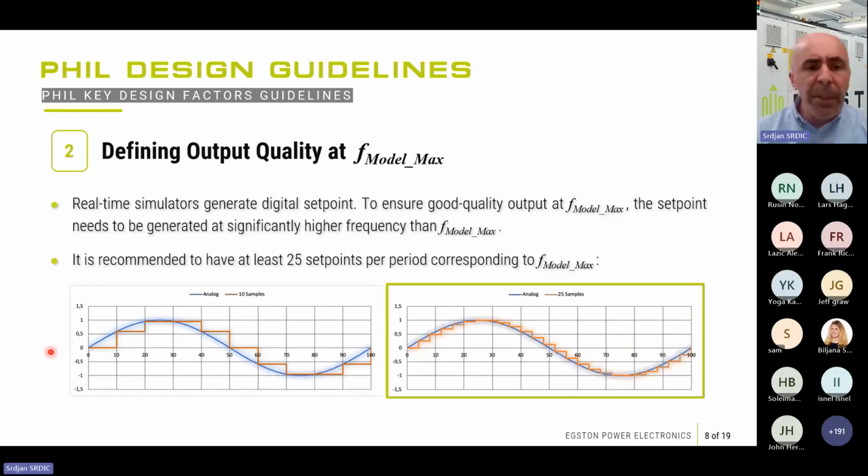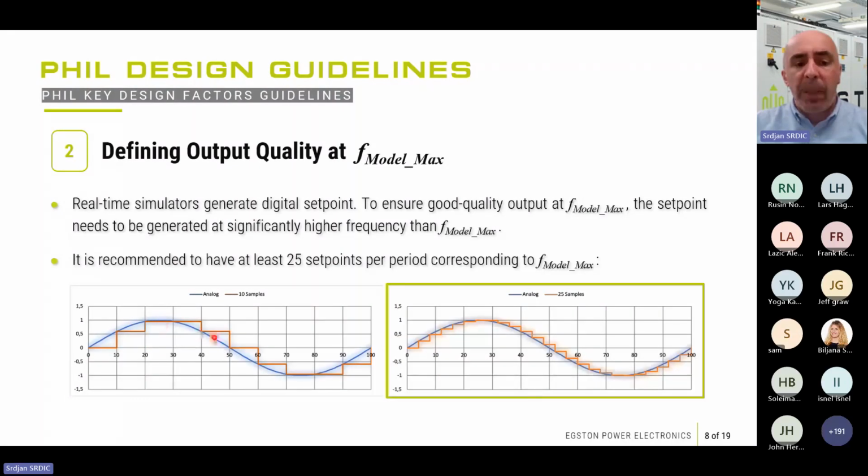As you can see here, you can have the set points at different granularity, and it's better if you can have more set points during one period of the signal of interest at the model bandwidth frequency.